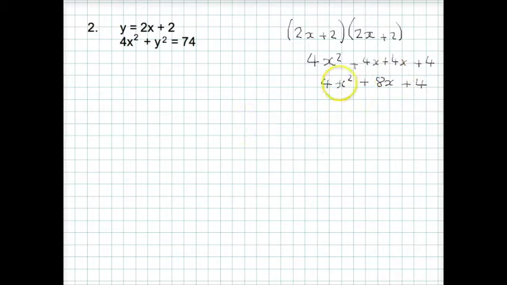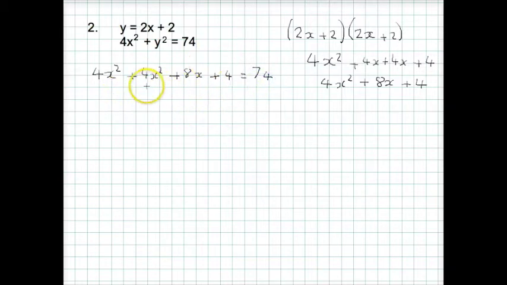We now replace this into here. So this second equation becomes 4x squared plus another 4x squared plus 8x plus 4 equals 74.